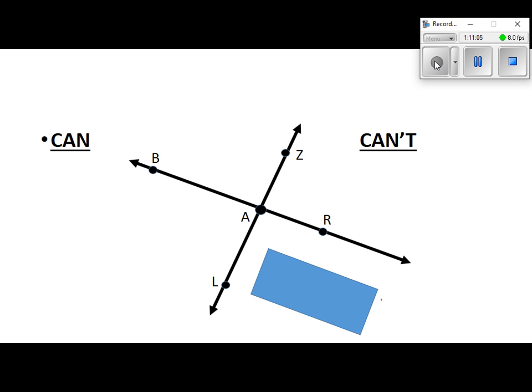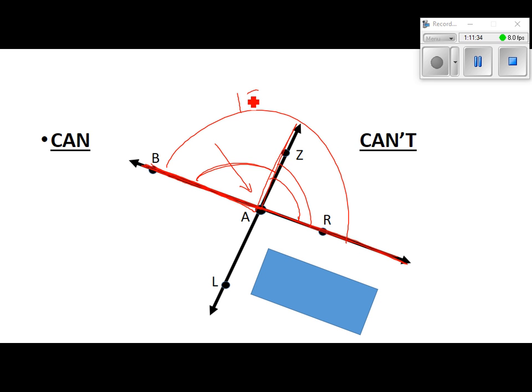On this, things that you can assume. This angle right here, angle BAR, you can assume that that's a straight angle. Things you cannot assume. You cannot assume that angle BAZ is a right angle. So make sure you don't make that assumption. You can assume that this angle and this angle together add up to a total of 180 degrees, and so on all the way around.